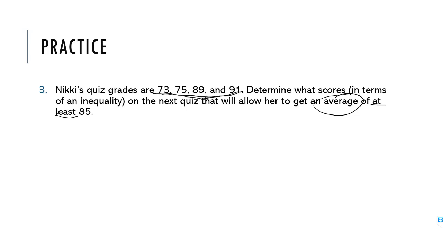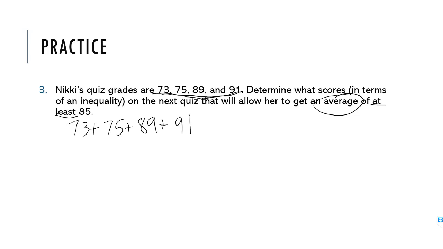Remember, to find an average, you need to add all of the numbers together and then divide by the amount of numbers there are. However, we have an unknown number in this list of test scores, the very last one. So let's say we add 73, 75, 89, and 91.